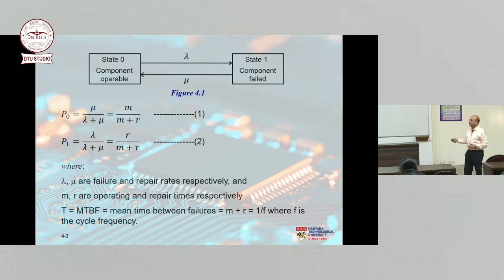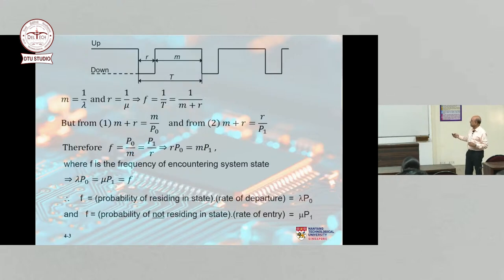So we find that the frequency, probability times the failure rate or repair rate, is nothing but the frequency. So we find that the frequency of being in this state is the same as the frequency of being in this state. Frequency is the same, probabilities are different, the rates are different, but the frequencies are the same. That's the conclusion we arrive at here.